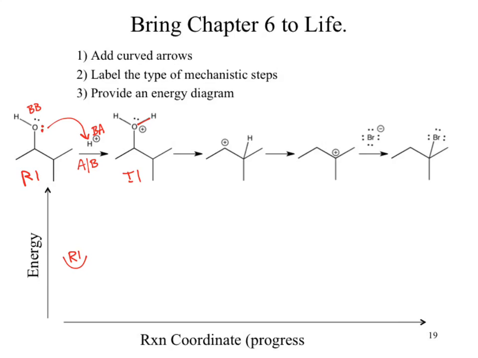Well, I1 is charged. Reactant 1 is not charged, which means I1 should probably be higher in energy. So there's my I1. I now want to connect them up. There's my first step. Go through, play around with that in the next minute.